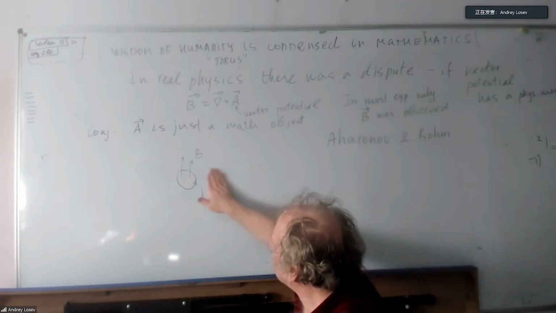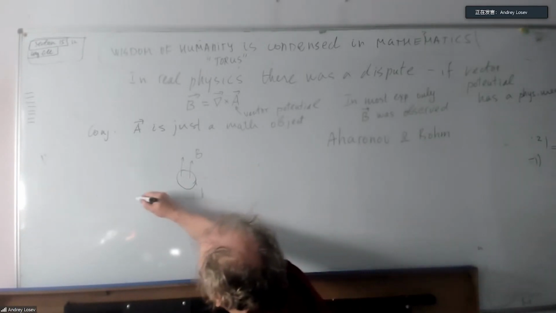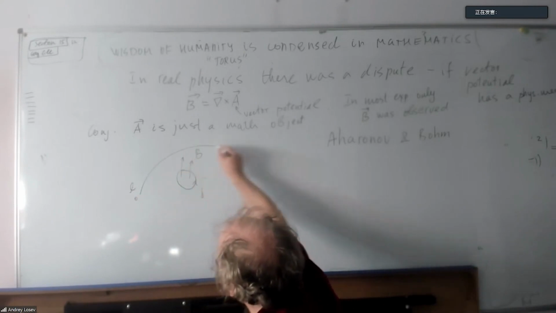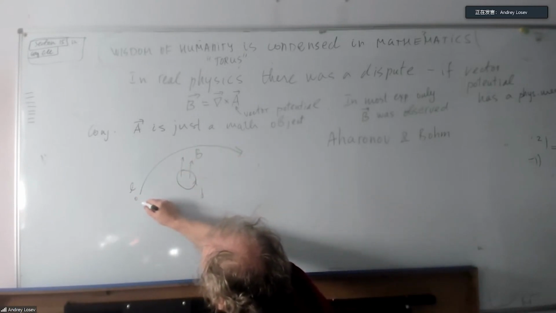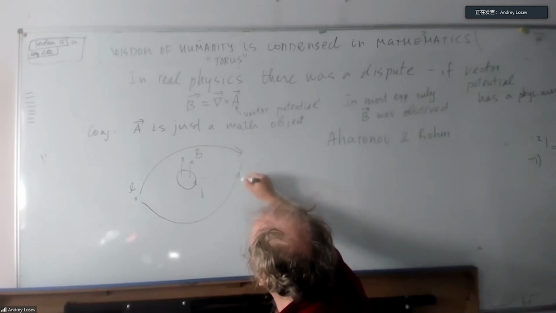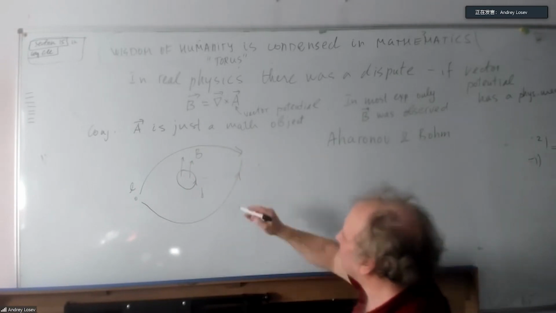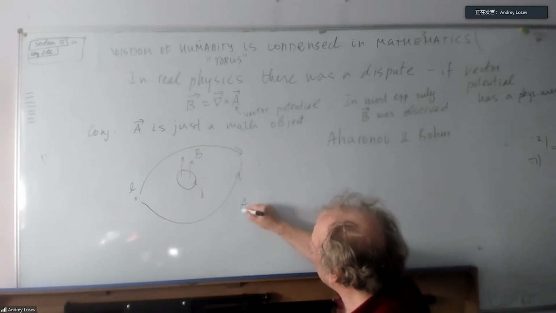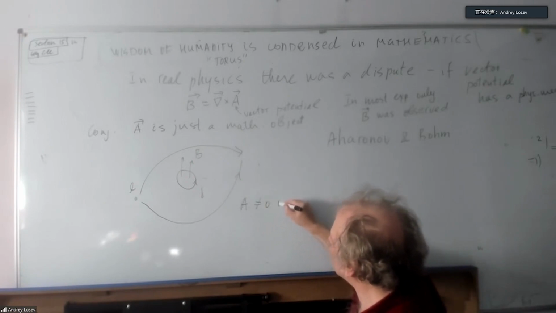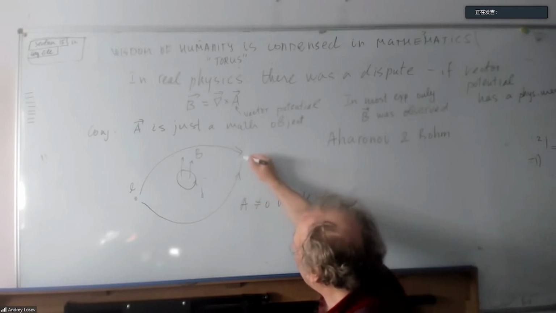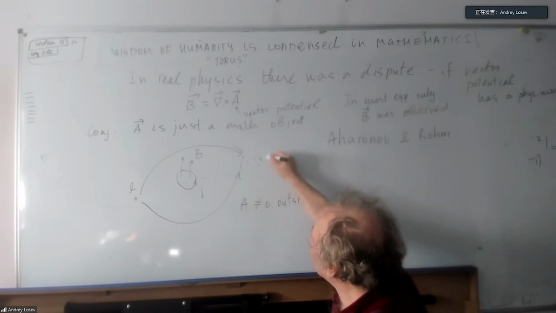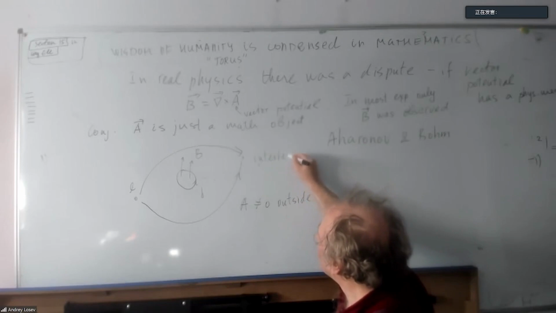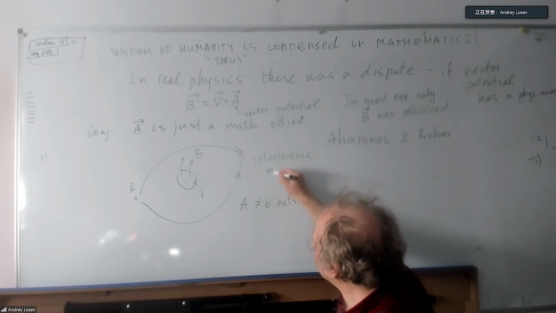So the experiment was like this. They took electrons and they went this way and that way around the solenoid. So A was not zero outside. And they measured the interference. So it was not zero.